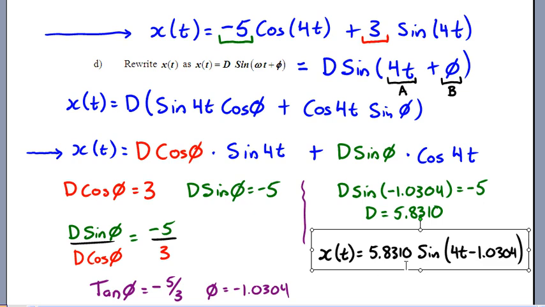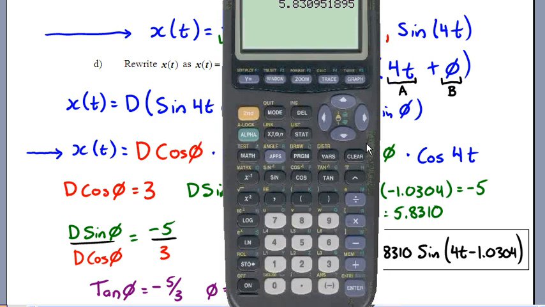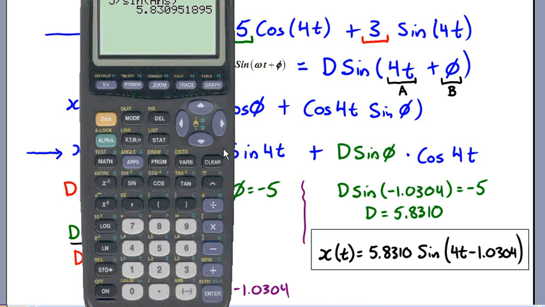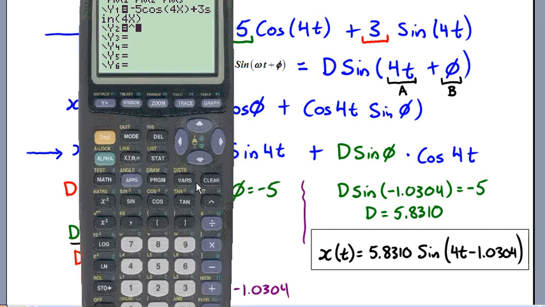Okay, yeah, sure, it's got some decimals in it, but it's a little bit shorter. And I'm just going to graph this, and as I do, start thinking about, hey, how big will this graph ever get? Well, the amplitude's sitting right out front, right? So I'm going to leave the original graph on there, and now I'm going to put in this one, but I'm going to make it dark, so it's nice and thick.